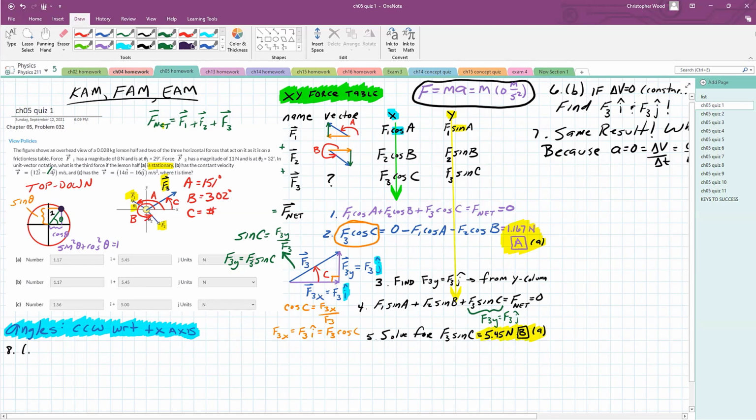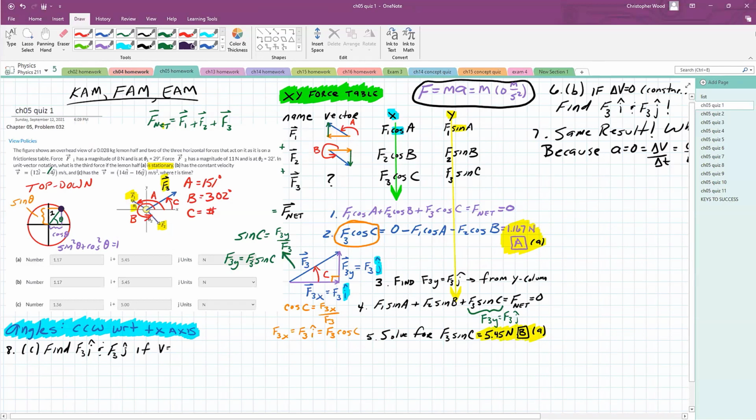Step 8 for part C. Let's find the I hat component of F3 and the J hat component of F3, if velocity is not constant.